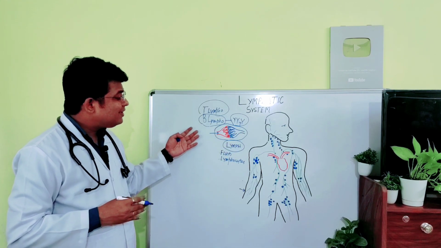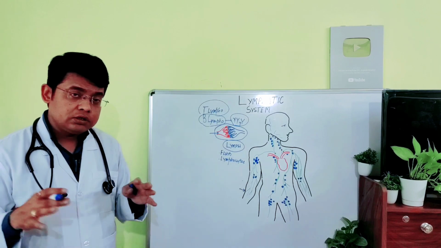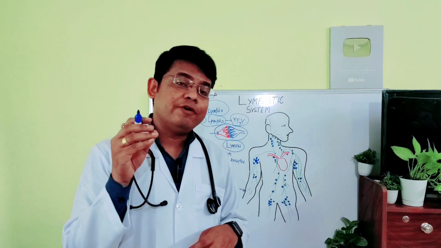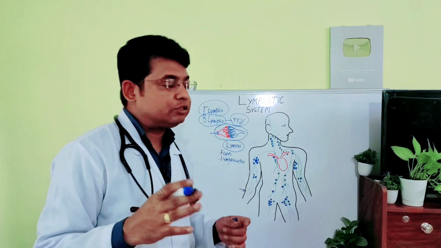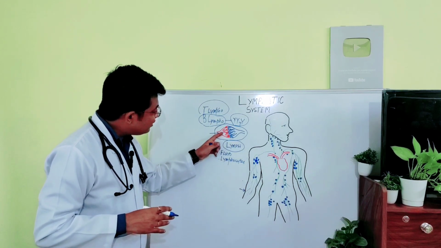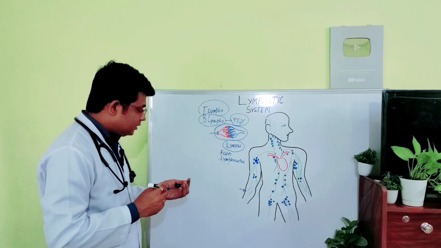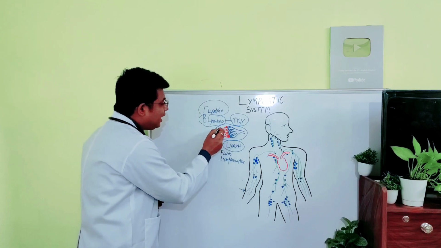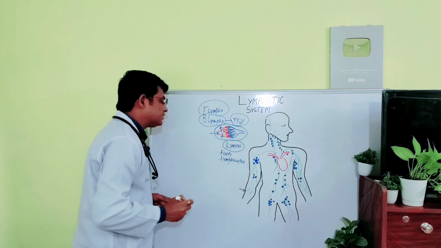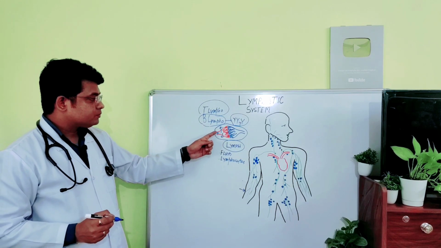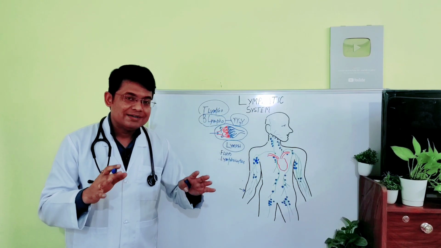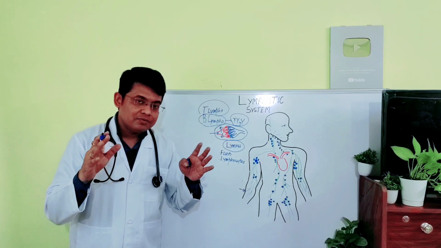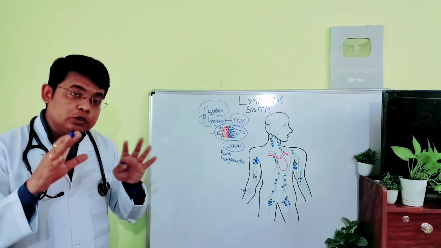So the oxygenated blood, or the blood that is carrying various nutrient substances, when it reaches the capillary region, easily leaks out into the extracellular spaces. Thereby there is some fluid along with some nutrients.